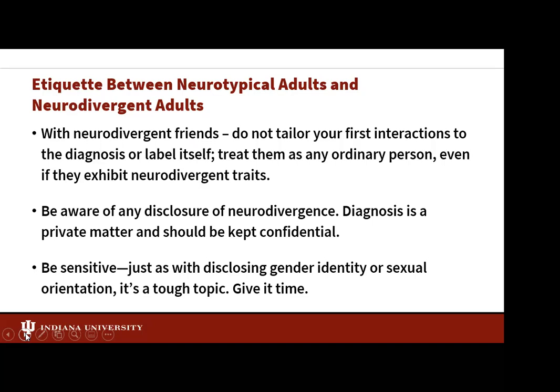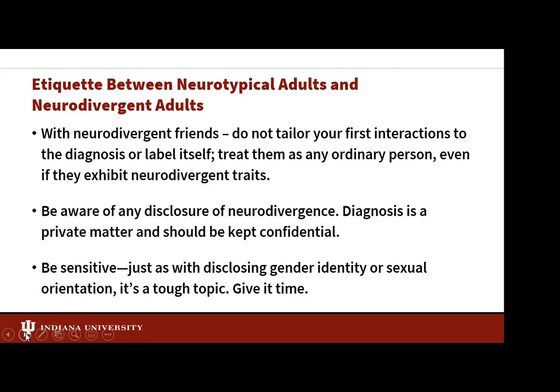You treat them as any ordinary person. And I think that's so important for people to consider, and that we're a work in progress on as a society. Even if they exhibit outward traits of neurodiversity, be aware of any disclosure they might make that they have a neurodivergent condition.